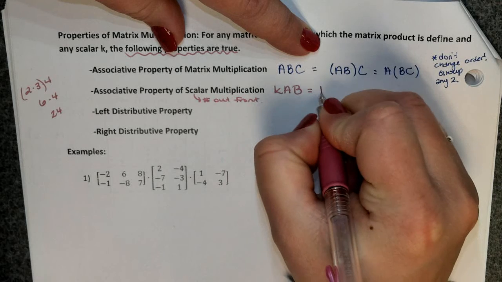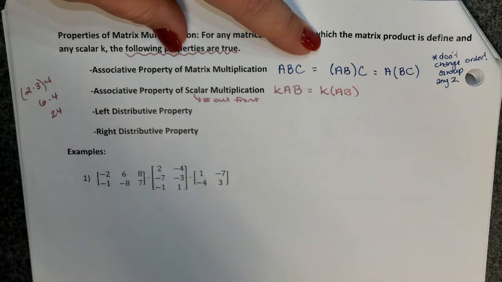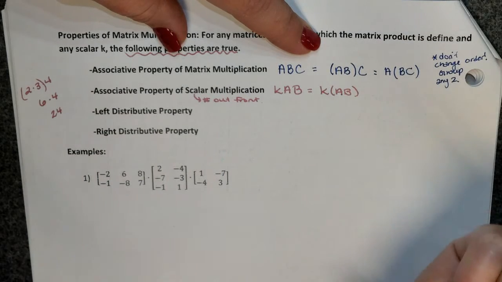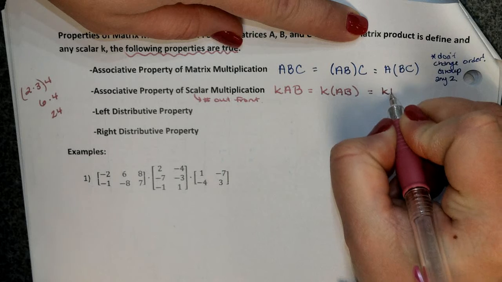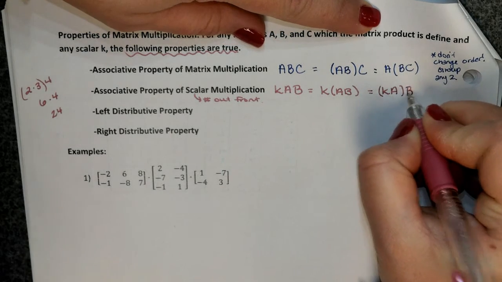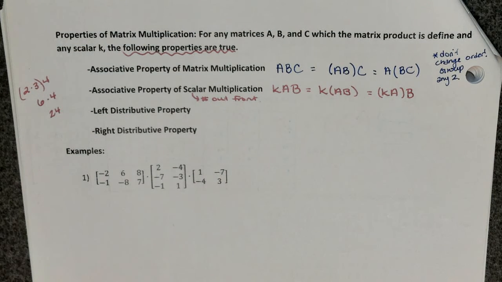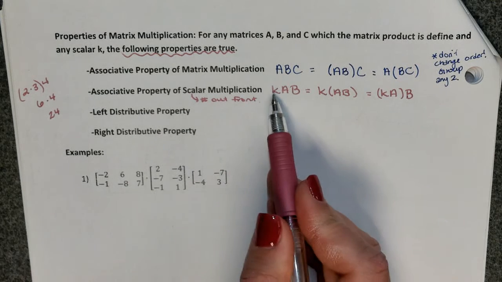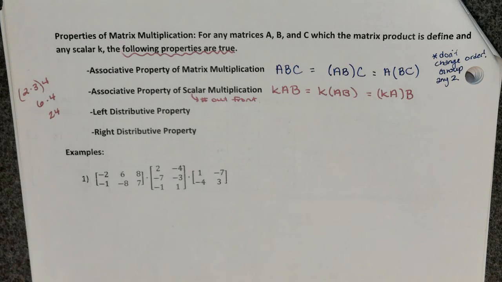You can take A times B, multiply them together first, then take that scalar and multiply it. Or you could do scalar times A and take that answer and then multiply by B. Any of these options would work for you. So if you see a number times a matrix, you could go either of these routes. Is that okay?